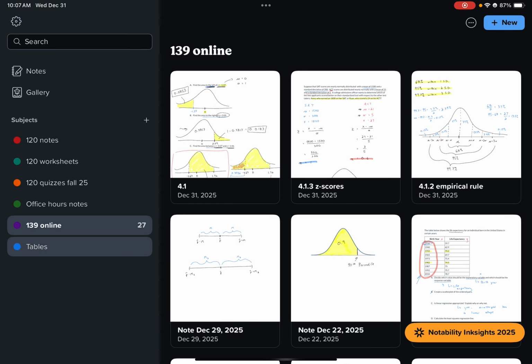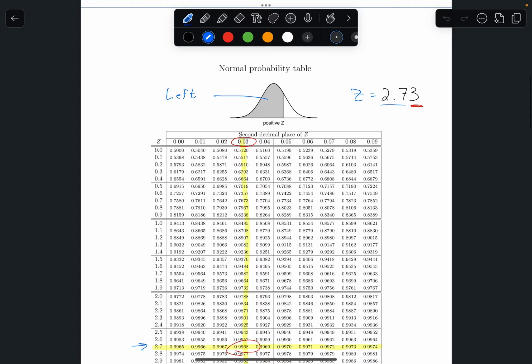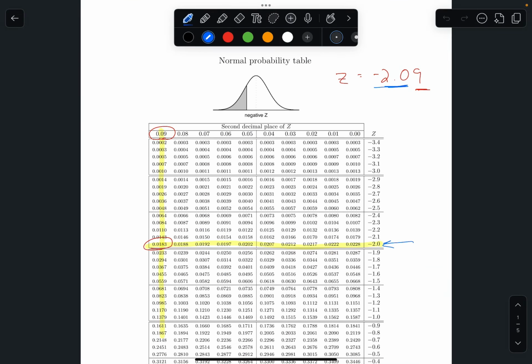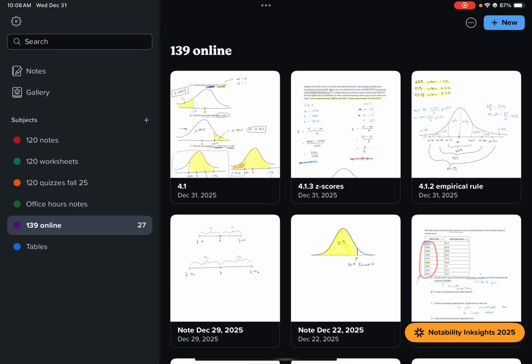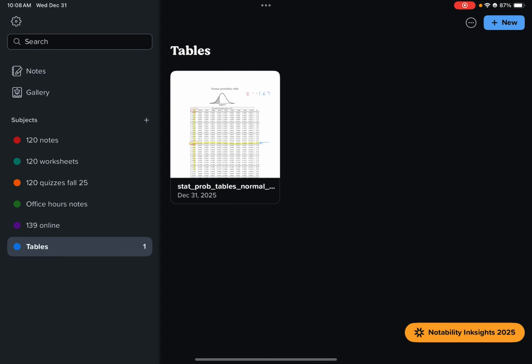So hopping back to our z-table one last time, our z-score this time around was negative 1.64. Let me actually just double check. Now I'm second guessing myself. Yes, negative 1.64. So our z-score is negative 1.64.